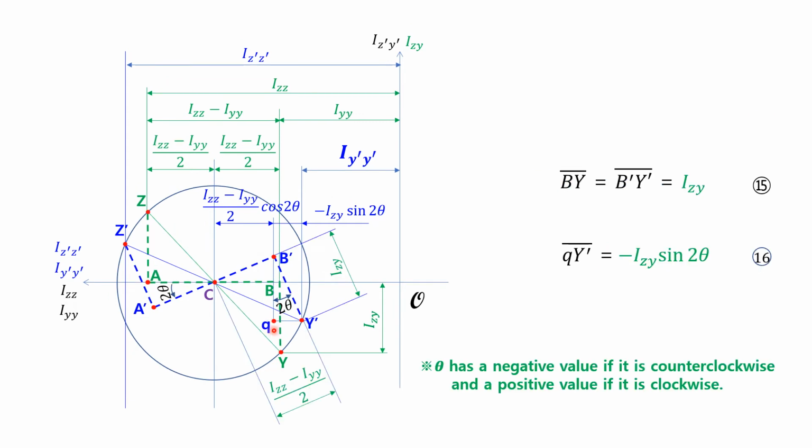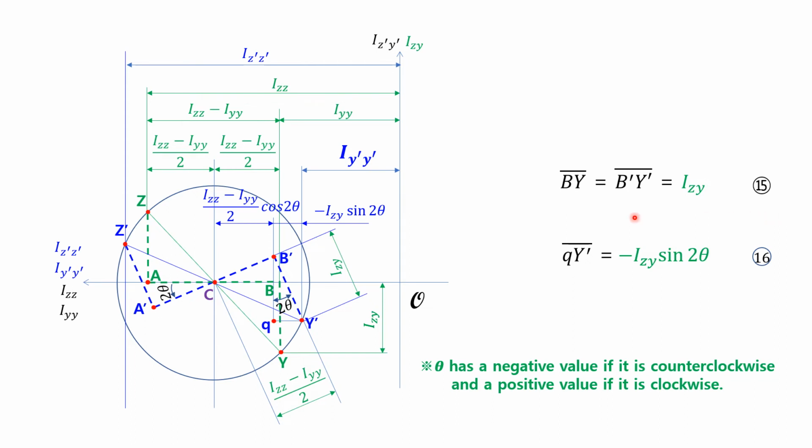Now let's calculate the length of Qy prime, which is the horizontal component of B prime Y prime. Since the green dotted line and the blue dotted line are exactly the same, the line segment By equals B prime Y prime, which is the same as the product moment of area Iz'y. So it can be expressed as the equation 15.